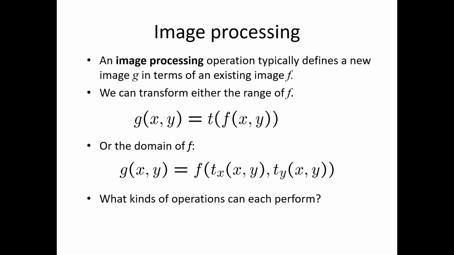Like you can see in this mathematical equation, we are producing a new image. This g(x,y) is the output image, which we are calling the new image, and it is generated with the help of the input image, f(x,y), which represents the input image.